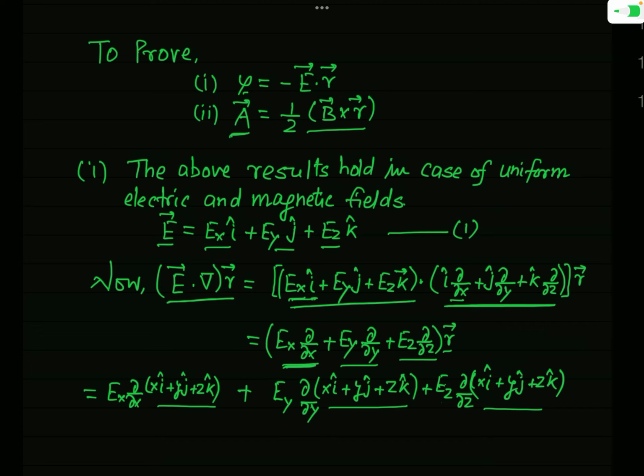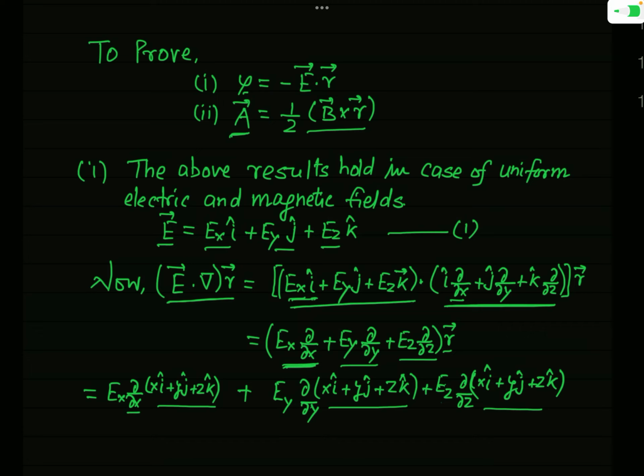Now, in partial differentiation, when del/del x is operated on x i, what will be your result? Since i is a constant unit vector, it stays outside the operator, and del x by del x will be equal to 1. So the first term will be Ex i.